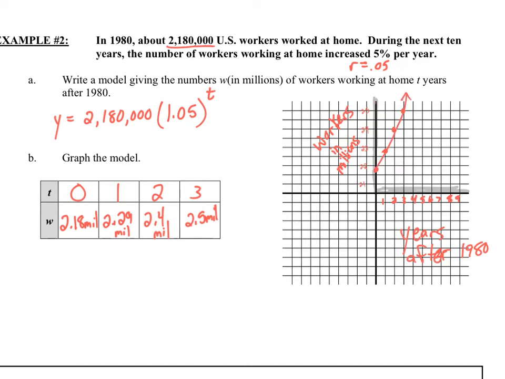So it looks like that. It's hard to tell, but that does have a little bit of a curve to it. If we kept going, it would curve more and get steeper. Okay, but that is exponential growth. Can you see we go from 2.18 to 2.29 to 2.4 to 2.5? It's hard to see, but it is going up exponentially because t is in the exponent.